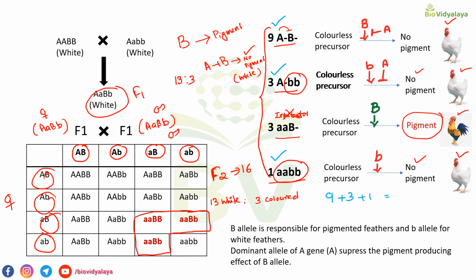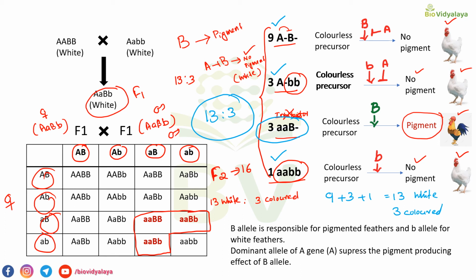So 9 plus 3 plus 1, 13 white, and here 3 pigmented, 3 colored. So the ratio is 13 is to 3. So the dominant and recessive epistasis ratio is 13 is to 3.